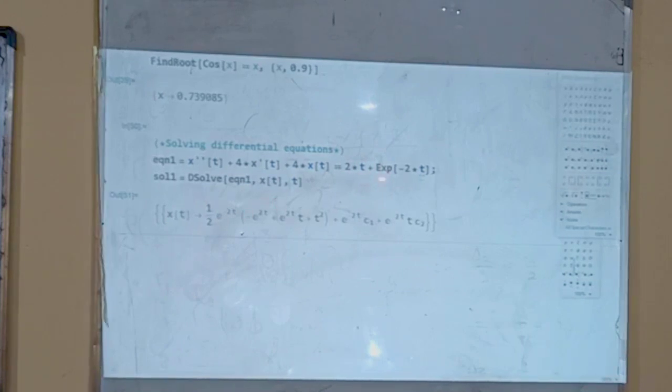And then you equate to this, you get the particular solution. Now, we use DSolve to solve this equation 1. And this is the solutions we get. It has how many? 2 arbitrary constants. But if you are given the initial values, those C's, C1 and C2 can be computed automatically for you.